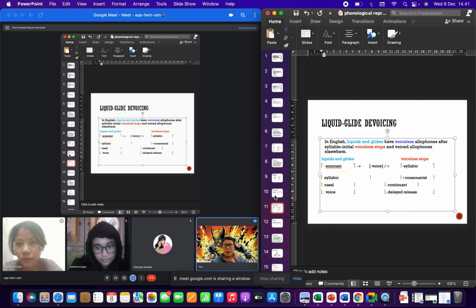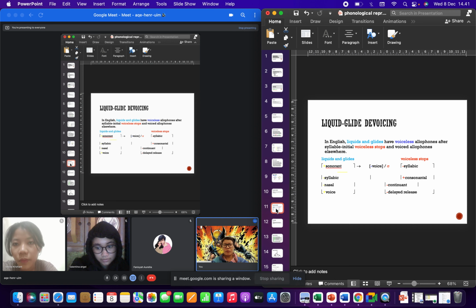Now let's see, when we talk about allophonic variation, first we talk about liquid glide devoicing. Liquid glide devoicing is something that happens in our glides. Especially in English, it means that both liquids and glides in English have voiceless allophones. Whether the sounds are liquids or glides, they have voiceless allophones.